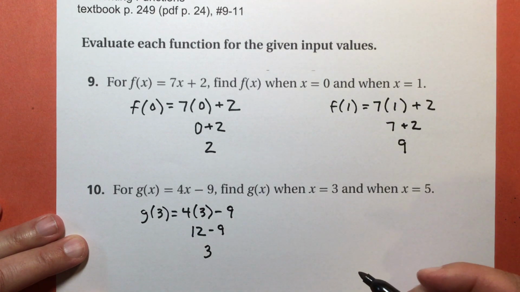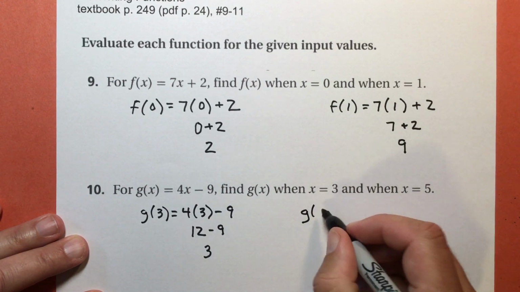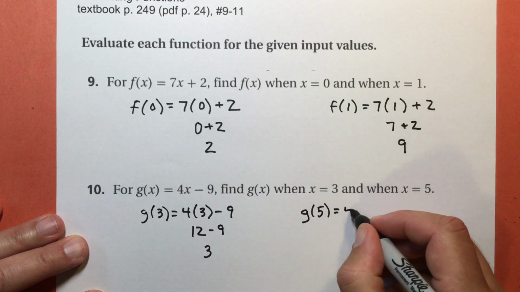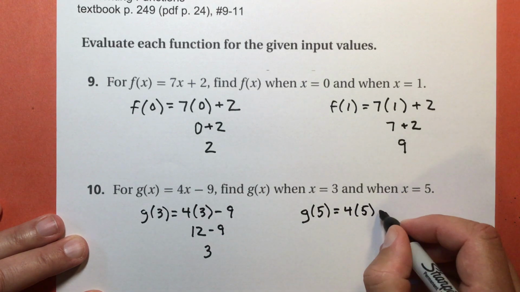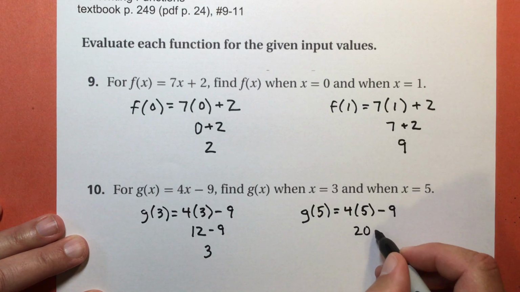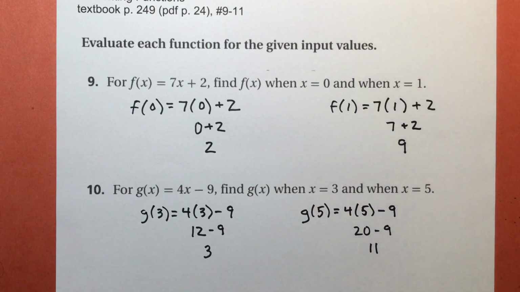And again, I'm going at my own pace, so if you need to rewind and watch this again or pause it, feel free, okay? I'm going to use 5 now. g of 5 equals 4 times 5, using parentheses, minus 9. 4 times 5 is 20, and 20 minus 9 equals 11. And that's all that you have to do for that one.